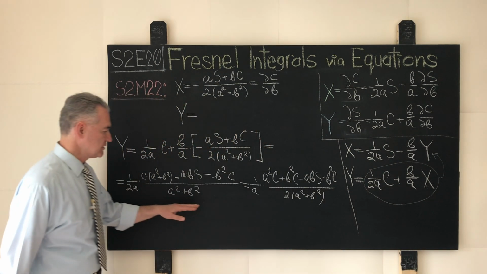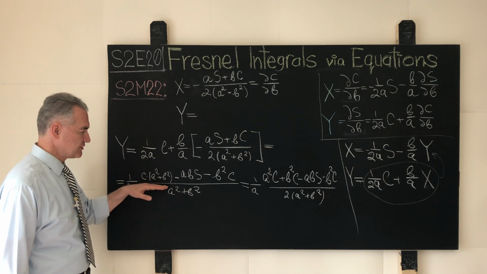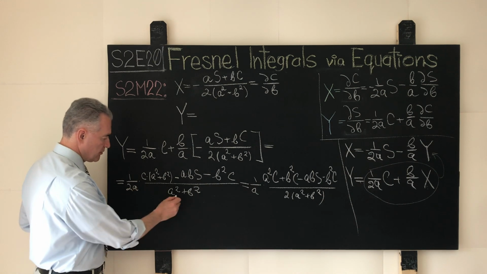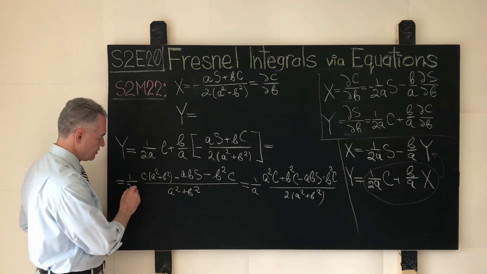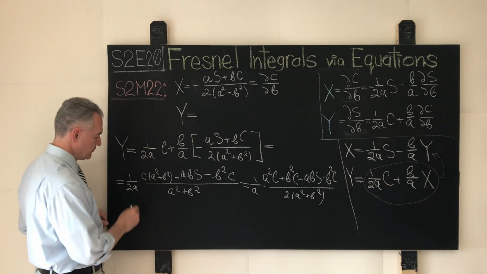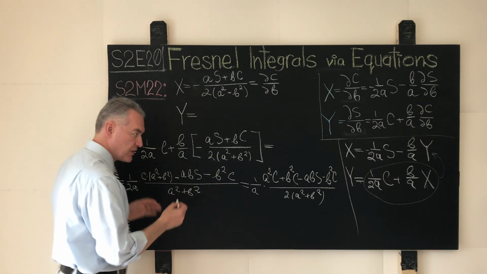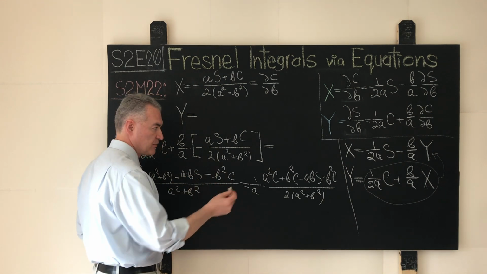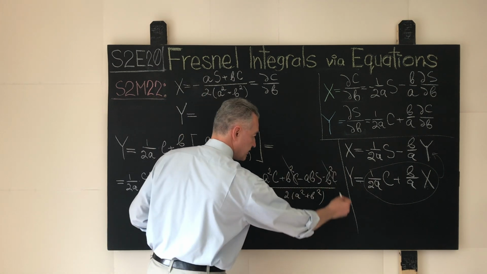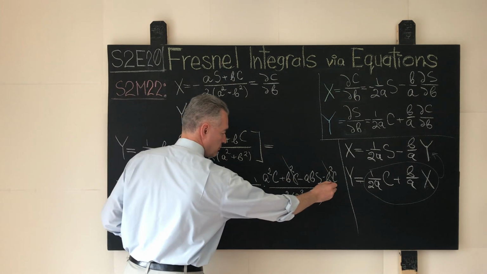I'll show you these guys in a second, what's going on over here. Simply we opened up the parentheses over here, nothing more, and we rewrote the denominator over here in such a way that 1 over a just factored out by itself, and 2 over a squared plus b squared is glued together for the reasons that we'll understand in a moment. But what do we see here? This b squared c and this b squared c cancel each other out. Would you agree? Bam, bam.